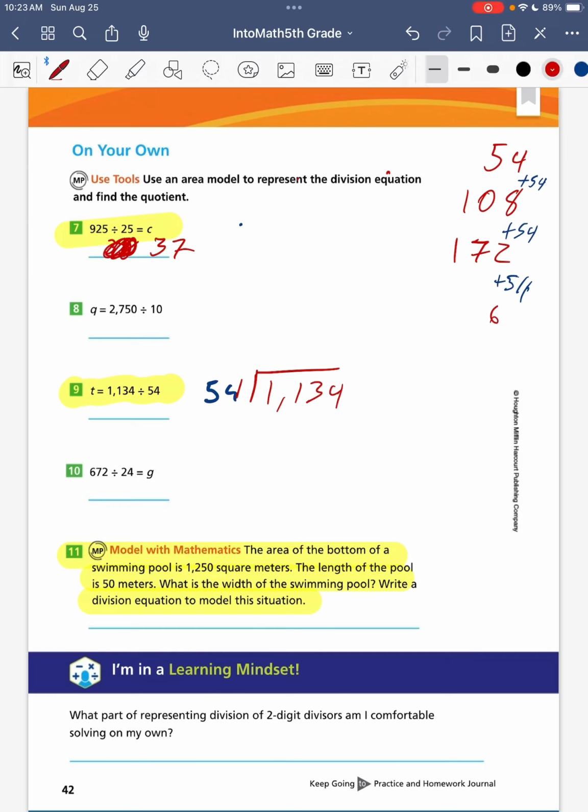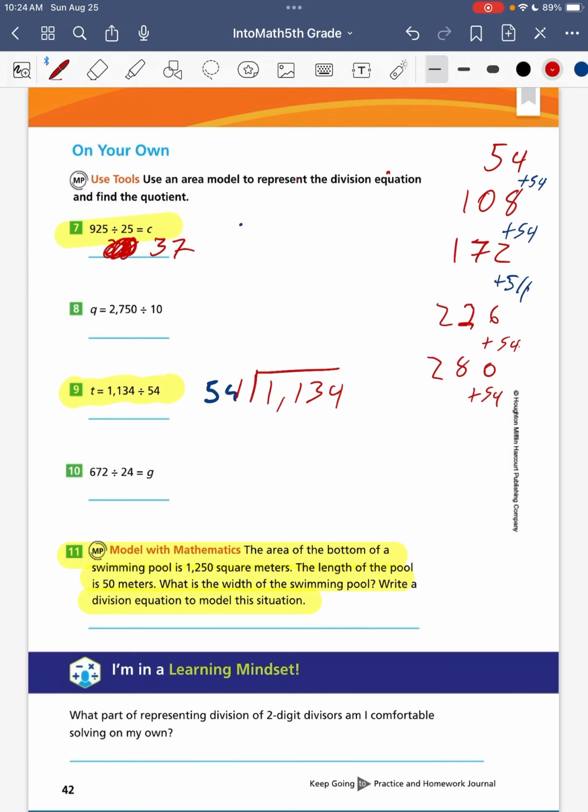4 plus 2 is 6. 5 plus 7 is 12. 226 plus 54 will give me 4 plus 6 is 0. 5 plus 2 plus 1 is 8. 280 plus 54. Writing out my multiples.